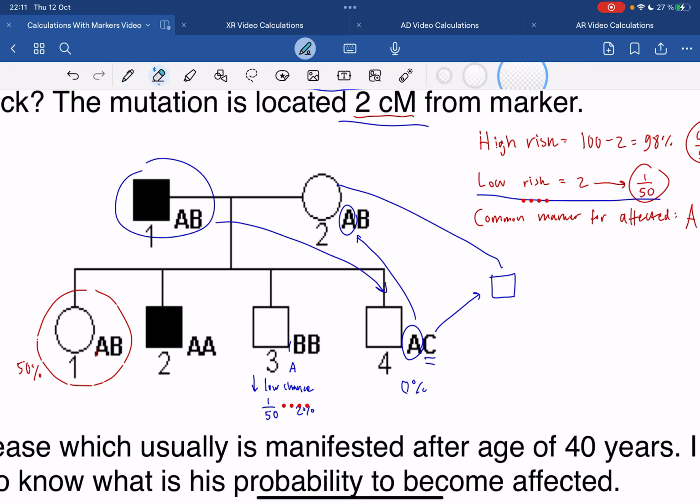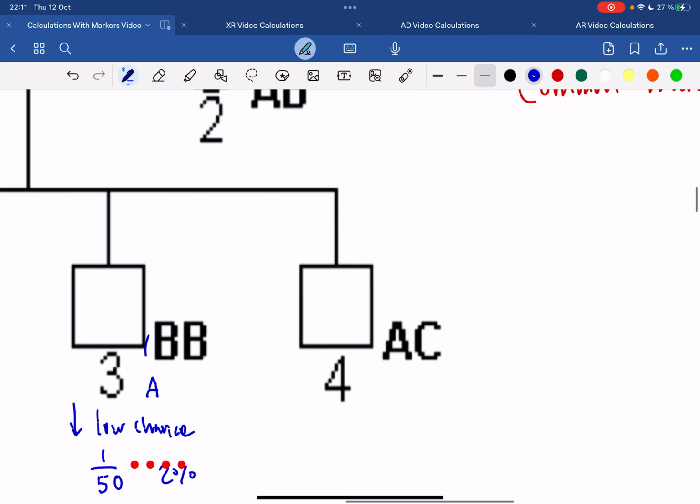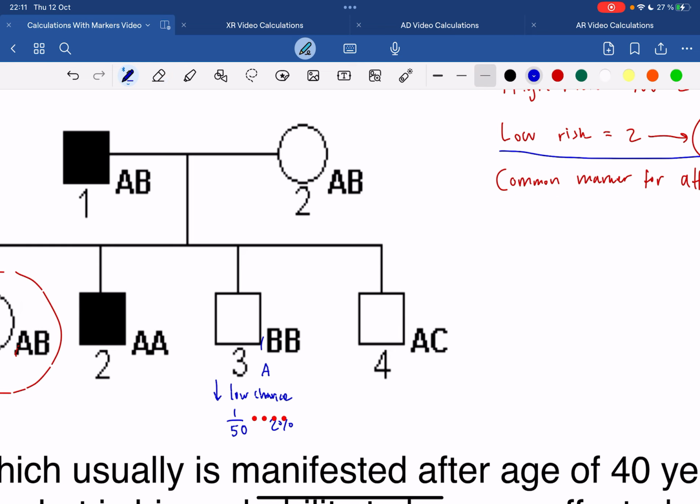However, let's assume that this is actually a de novo mutation. So let's say that we know for sure that this is a de novo mutation of this allele right here. Then we would know for sure that this person right here has gotten that allele from his dad. So in this case, we would have a very high chance for this person to be a carrier or affected.